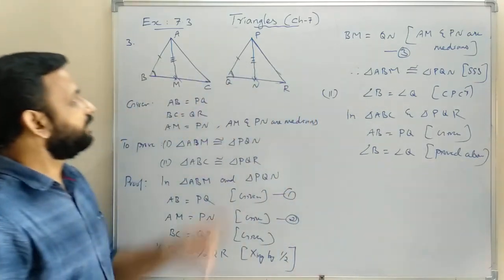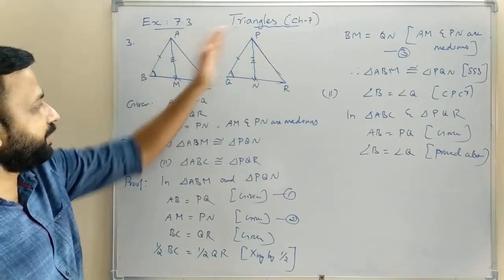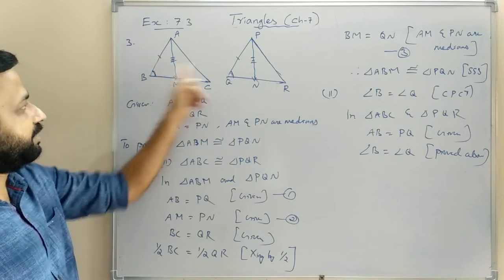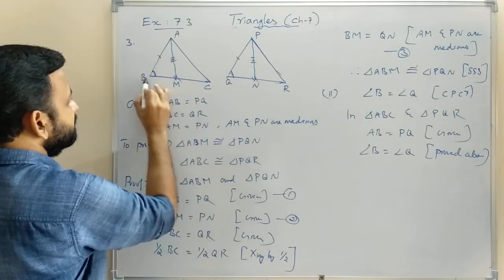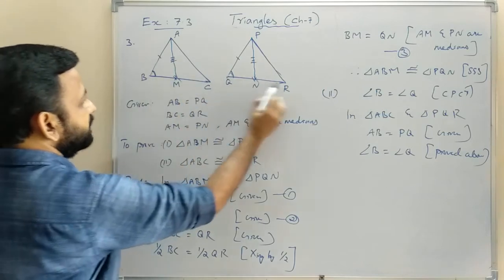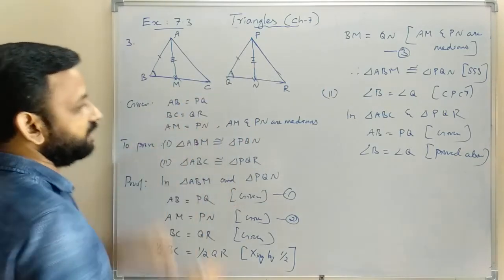Then angle B equal to angle Q, proved above. Then side BC of triangle ABC equal to side QR of triangle PQR, because BC is equal to QR, that is given.